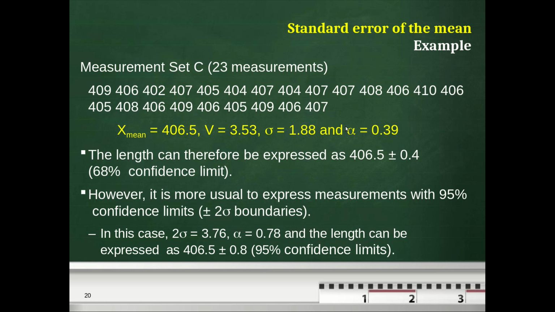He asks you to calculate how the mass value should be expressed under a 95% confidence interval. So you will use this equation to calculate. This is a very straightforward value, and then you will say that the mass value should be expressed as plus or minus the error value that we have here.